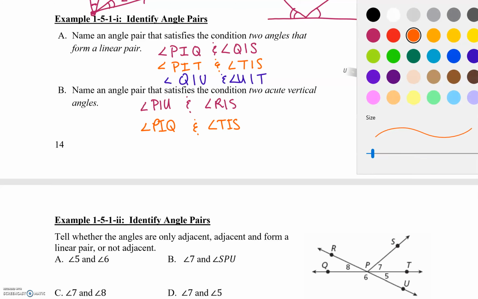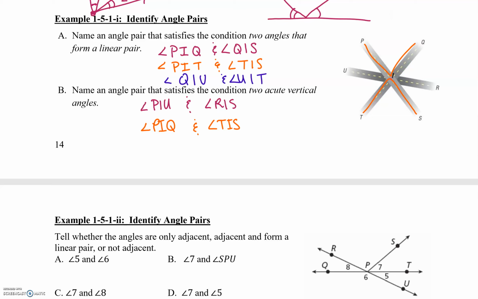And then there's another one, but you don't have to list all of these. You could just list, again, one angle pair, but I'm giving you a lot of options just so that you can see kind of all of them. And then that one, QIR and angle TIU.